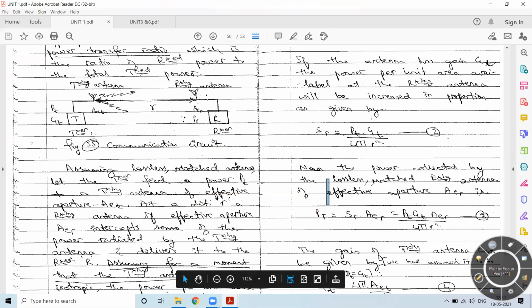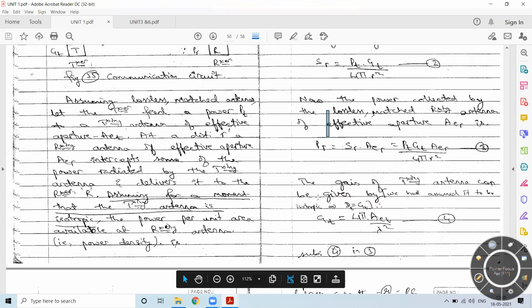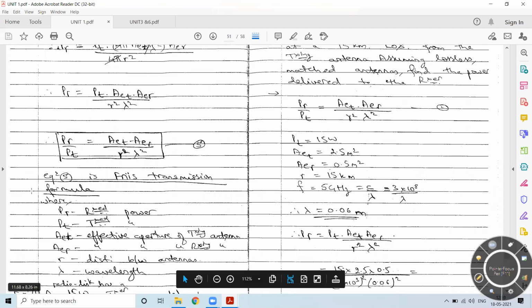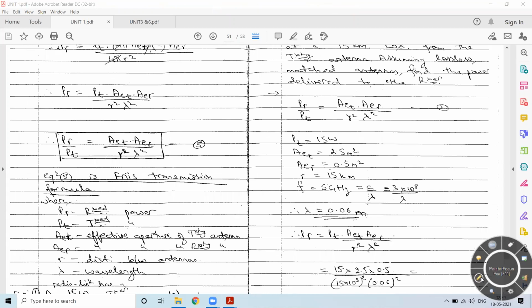It is based on that assumption that we are identifying the relation. So this is the Friis transmission formula.